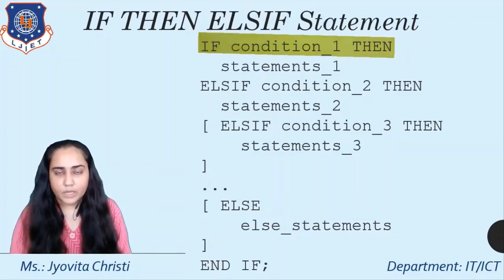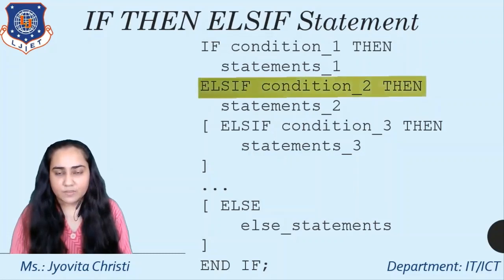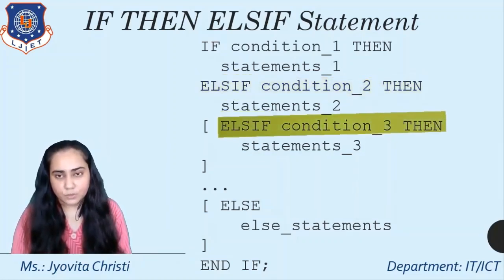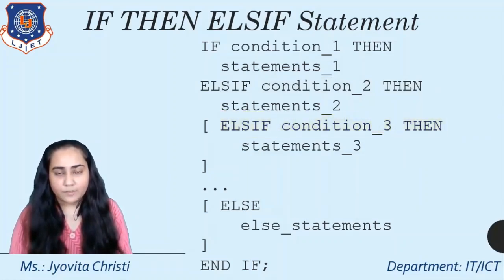For example, condition 2 is evaluated only if condition 1 is false. Condition 3 is evaluated only if condition 2 is false, and so on. If a condition is true, then other subsequent conditions are not evaluated.